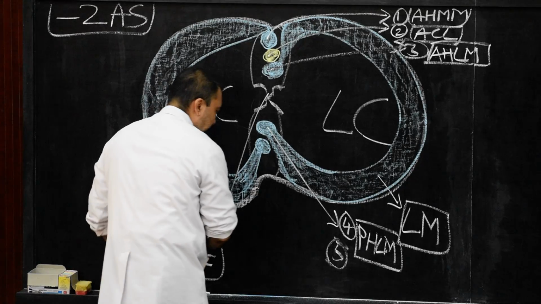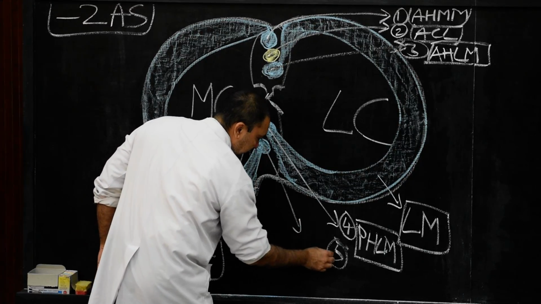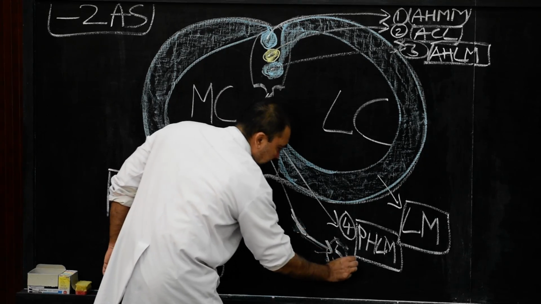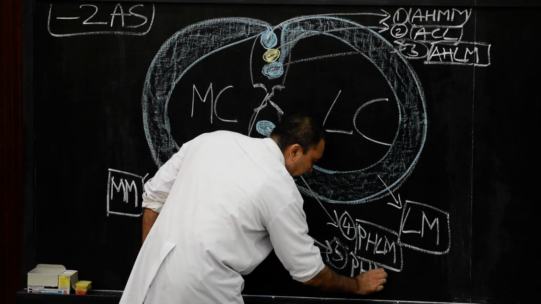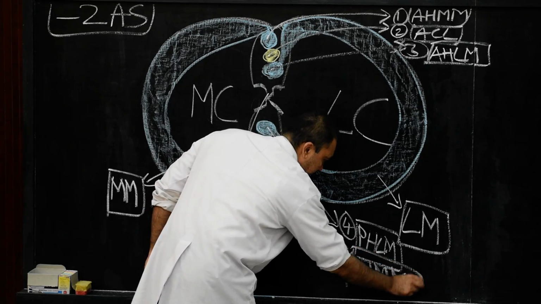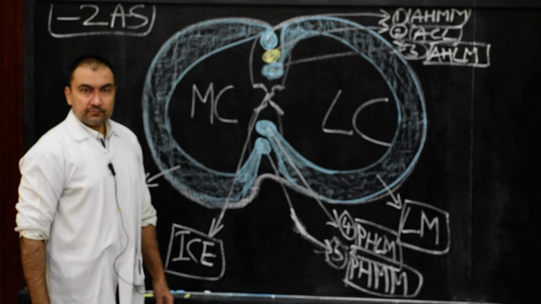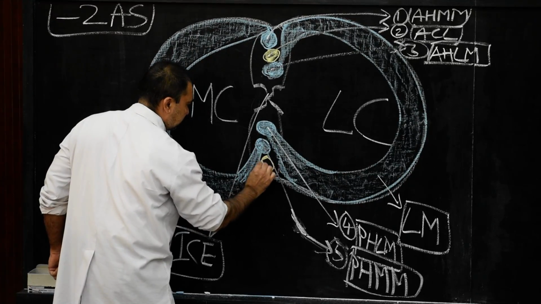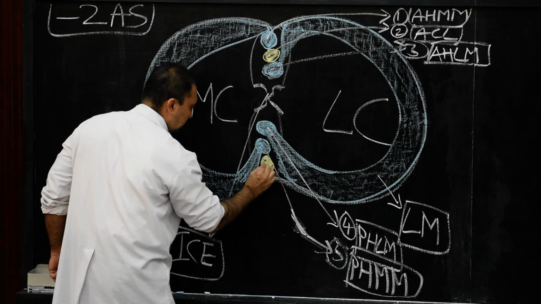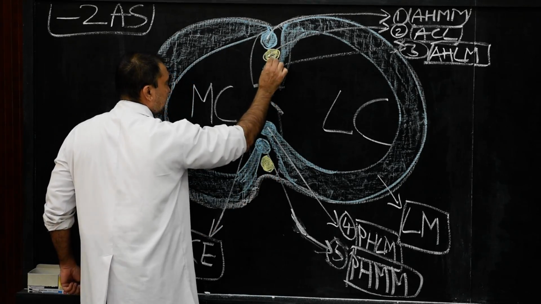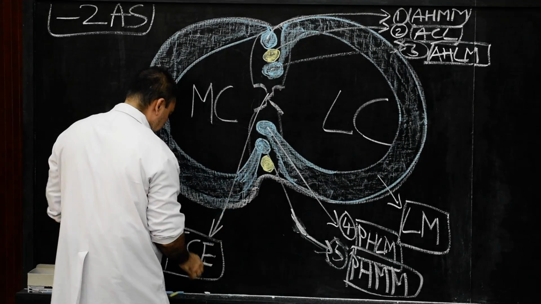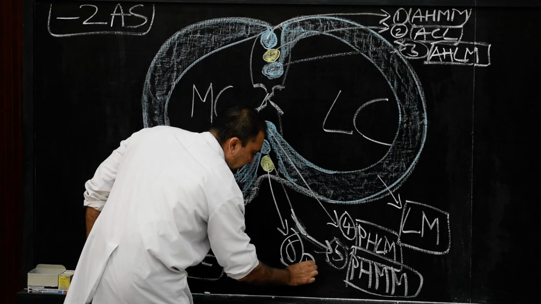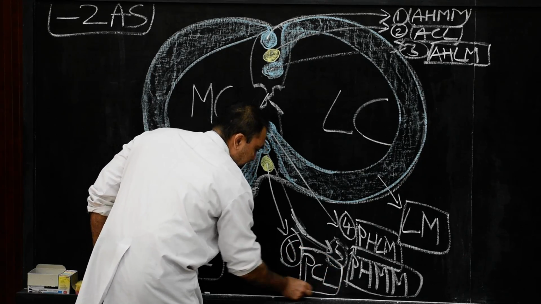So we are going to mark here this structure, structure number 5, as the posterior horn of the medial meniscus. And the last structure here will be this structure, which will be known as the posterior cruciate ligament. Just as this is the anterior cruciate ligament, this will be the posterior cruciate ligament, structure number 6.